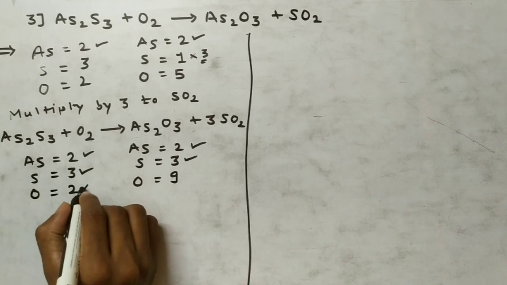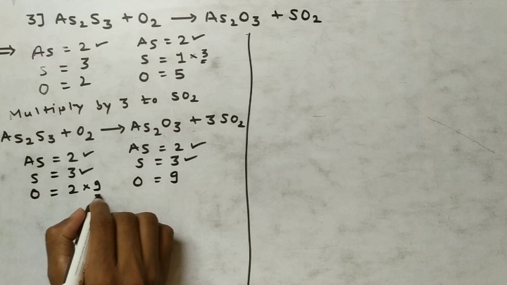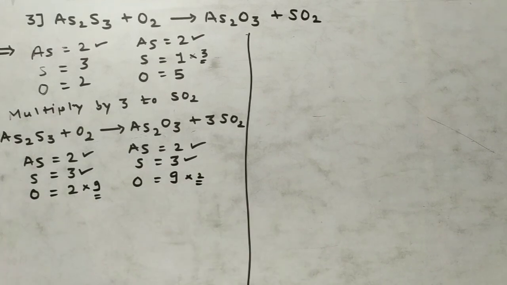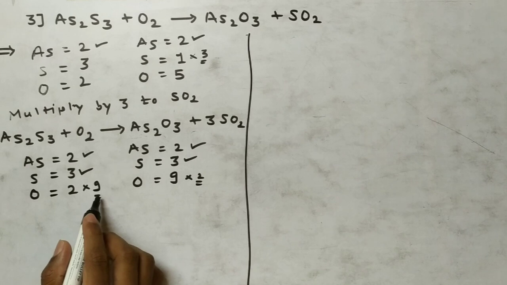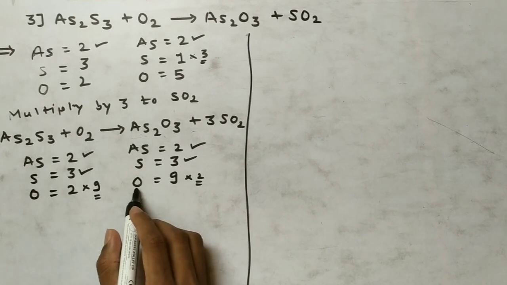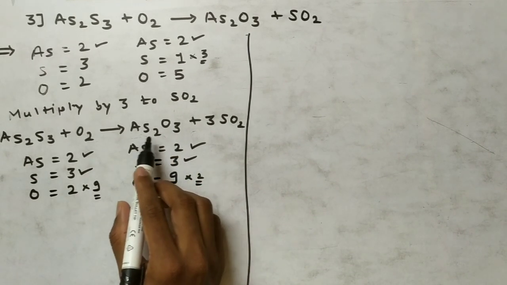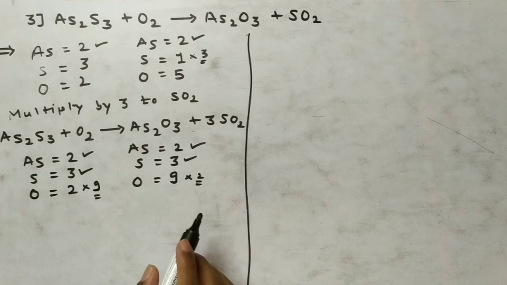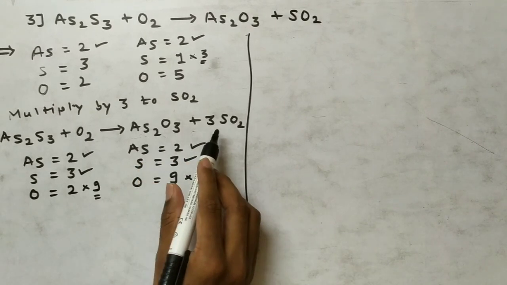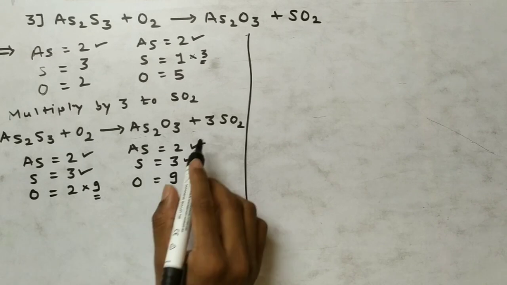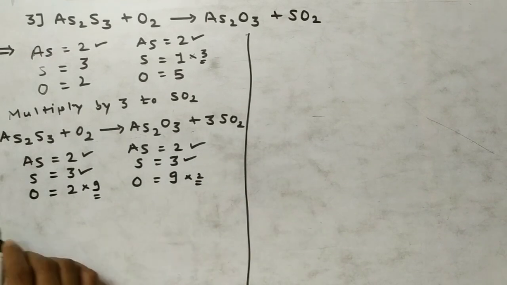So we'll cross multiply, like here we multiplied by 9 and here we'll multiply by 2. Here you can see oxygen is independent, so we can directly multiply the oxygen by 9. But on the product side, oxygen is present in two compounds, As2O3 and 3SO2, so we can multiply by 2 to either of these compounds. We'll select As2O3.